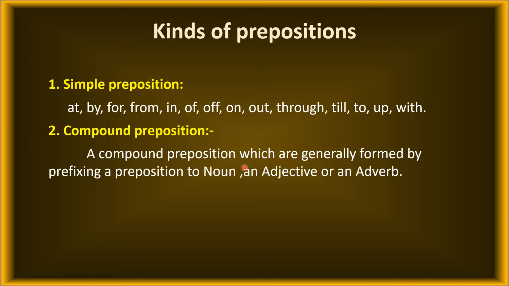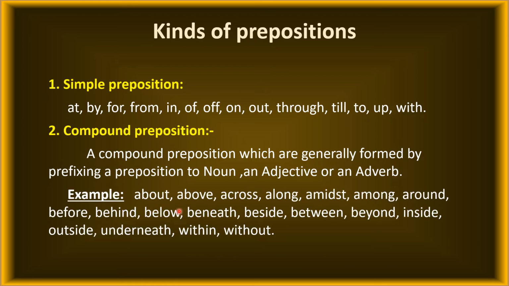A compound preposition is generally formed by prefixing a preposition to a noun, an adjective or an adverb. कंपाउंड प्रीपोजिशन जनरली नाउन, एडजेक्टिव और एडवर्ब के पहले प्रीपोजिशन लगाकर बनाए जाते हैं. Examples: about, above, across, along, amid, among, around, before, behind, below, beneath, beside, between, beyond, inside, outside, underneath, within, without.